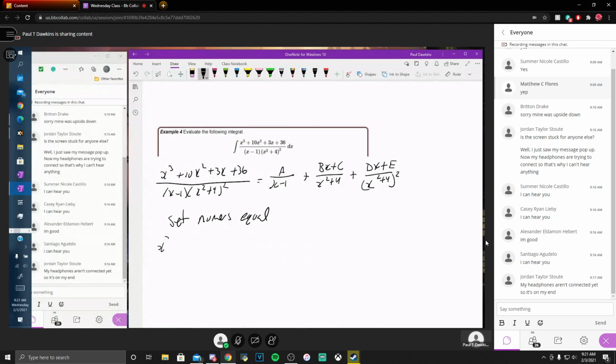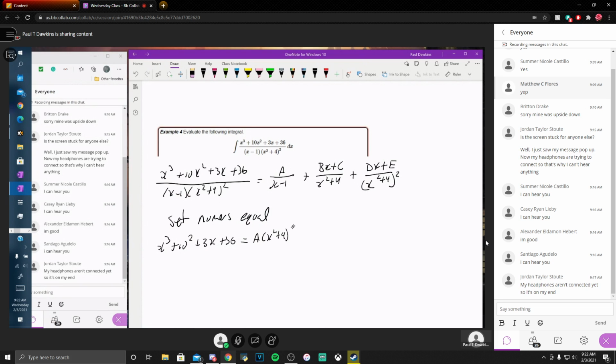So write that down quickly here. Okay. So again, quick way of doing this. A times what's missing? Well, what's missing is both of my x squared plus 4s.